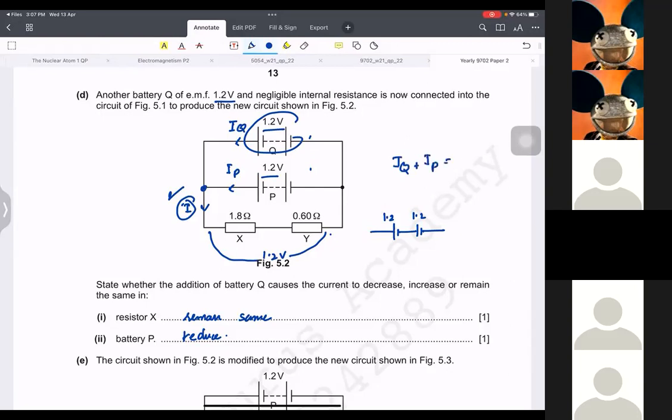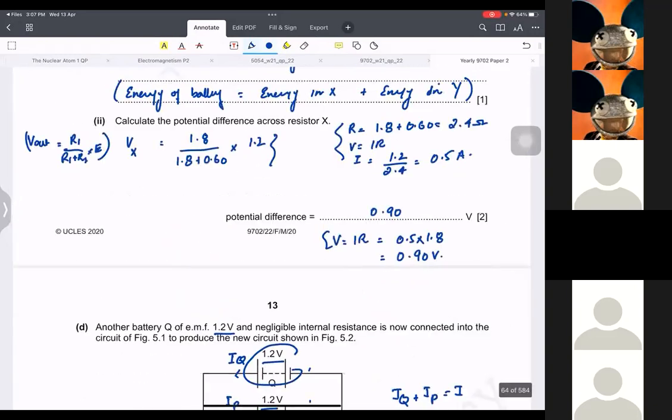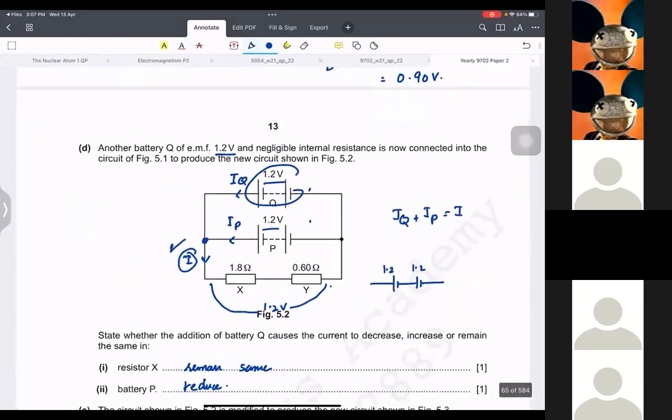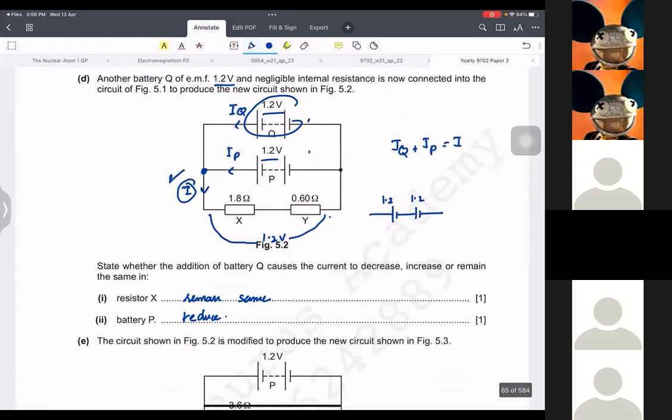No. The point is, suppose the current here was 0.5 ampere at first, right? Yes, sir. Now they still get the same thing. The current here is still 0.5, because you can check the voltage these both get is 1.2.